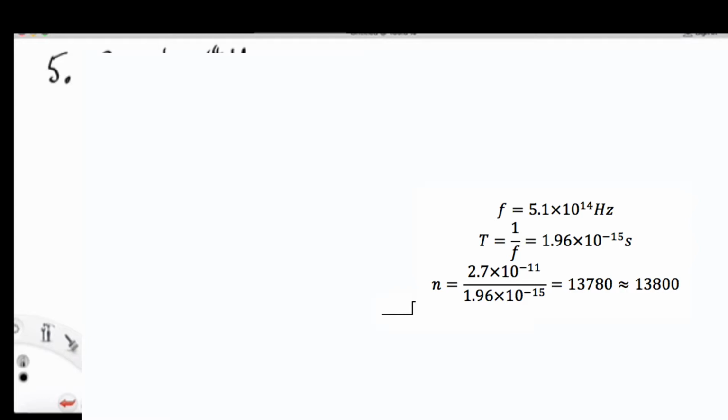So that means that the number of them that will fit into a duration of 2.7 by 10 to the minus 11 seconds is 2.7 by 10 to the minus 11 divided by the time for 1, which is 1.96 by 10 to the minus 15, and that turns out to be approximately 13,800 pulses fit into that duration of time.